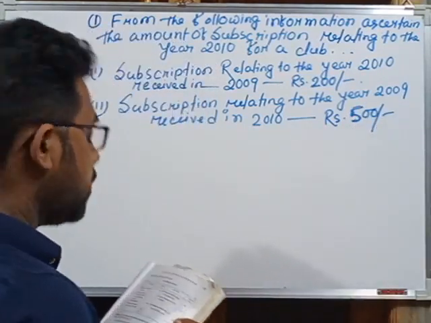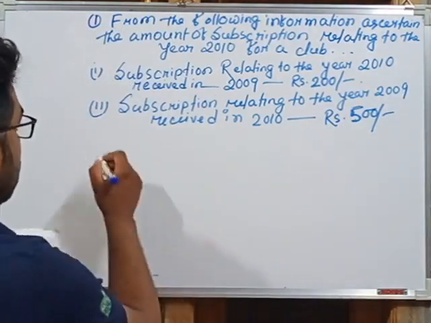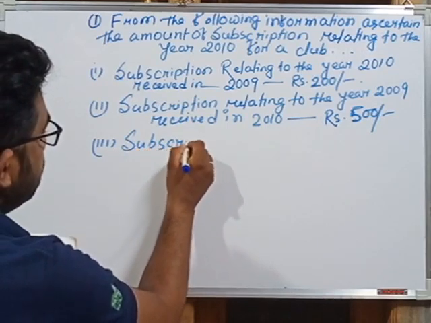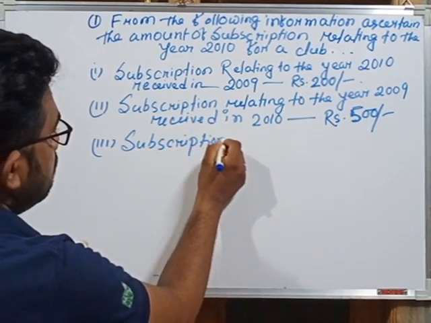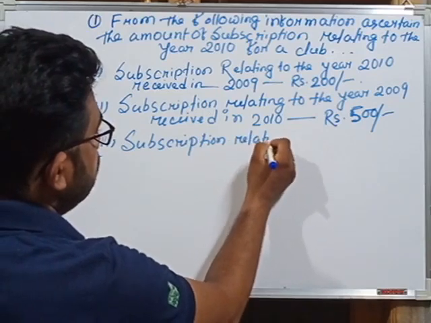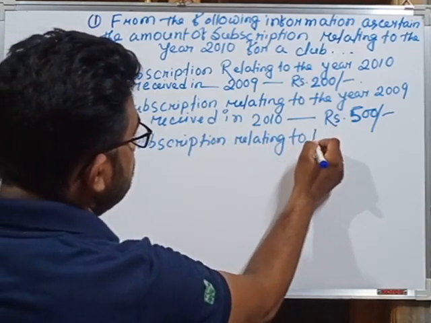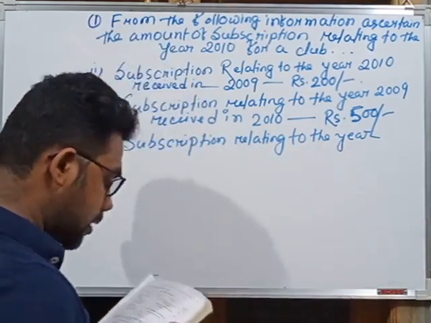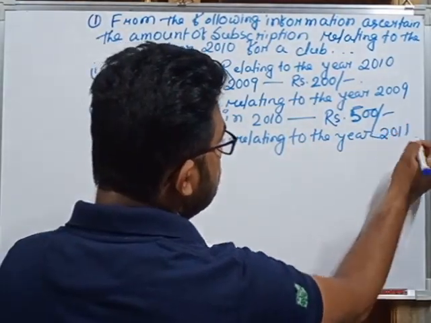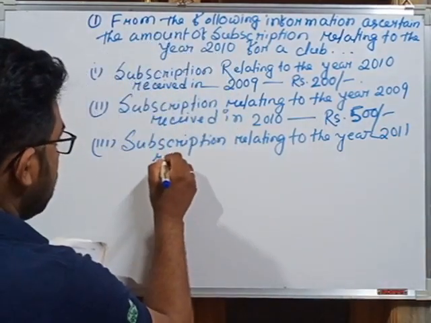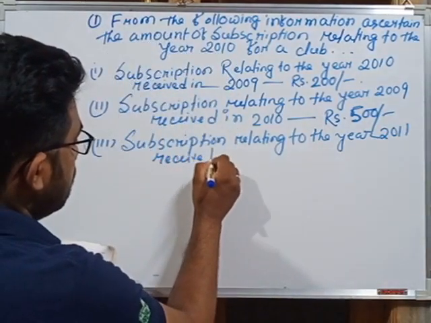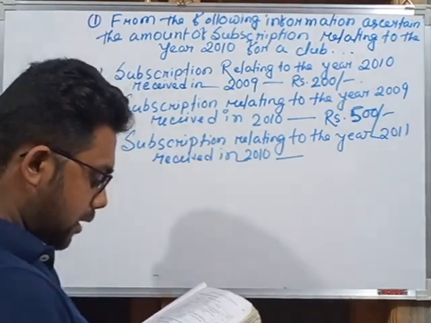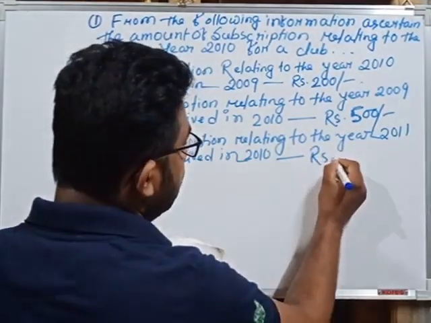This is our second information. Next, subscription relating to the year 2011 received in 2010. Amount is rupees 500.